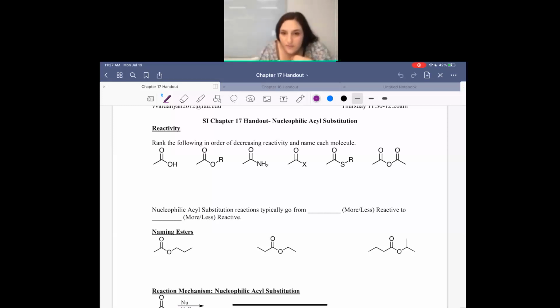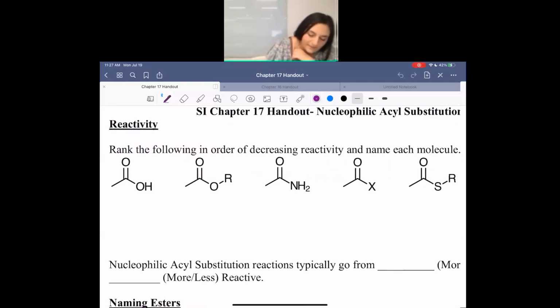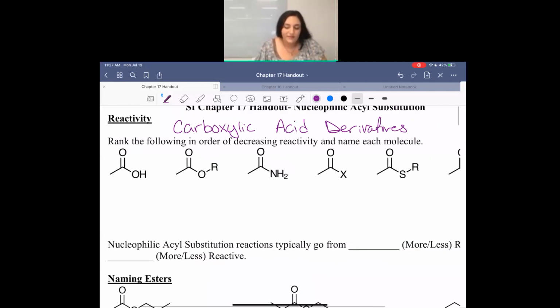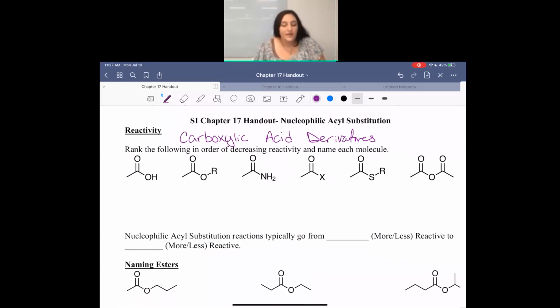Now we're using a group of molecules called carboxylic acid derivatives. Carboxylic acid derivatives are basically anything that has a carbonyl with a leaving group on it. Let's go ahead and name these first.